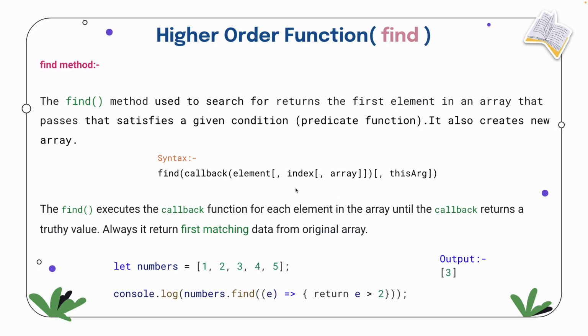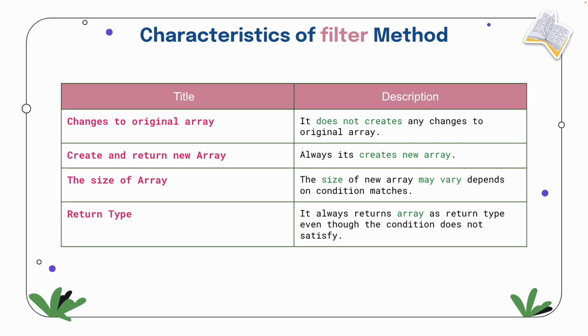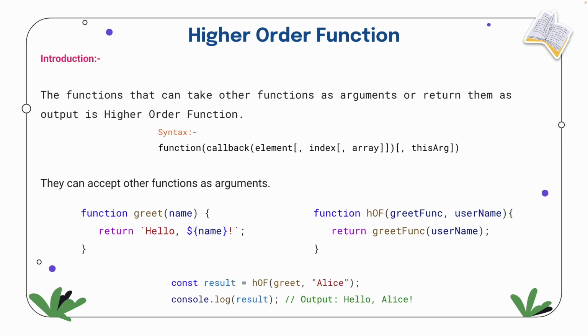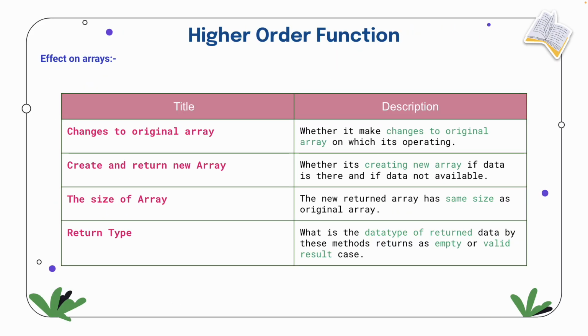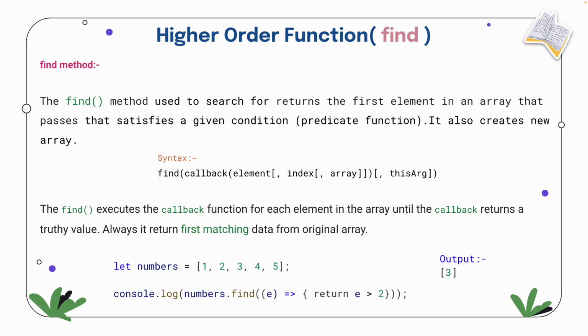Now I'll teach you more about find tomorrow, because I want to go very slowly. Okay, Amar? No need to hurry. Today, practice only the filter method. Create the filter method yourself and practice. Tomorrow we'll go for the find method, because I have to teach you these methods very slowly. These are very important methods.